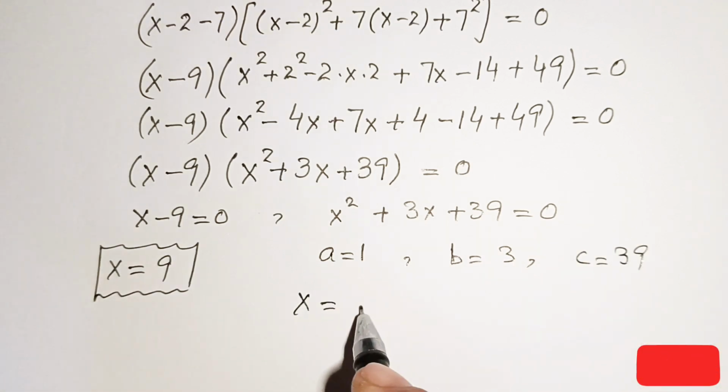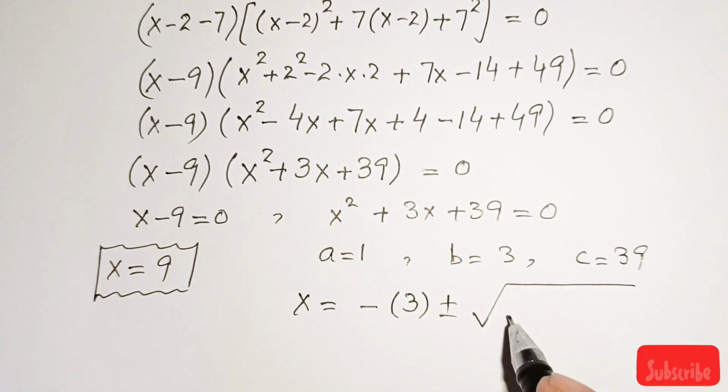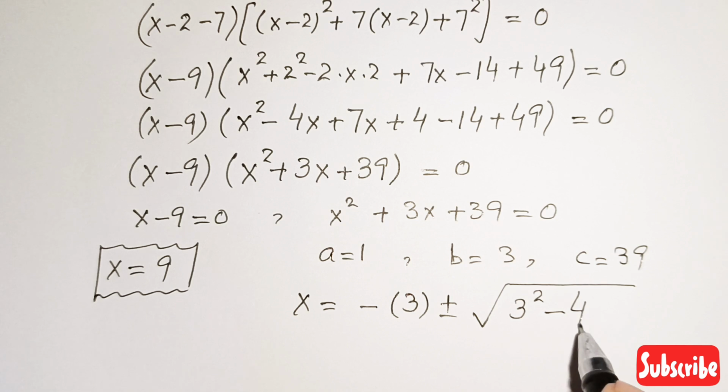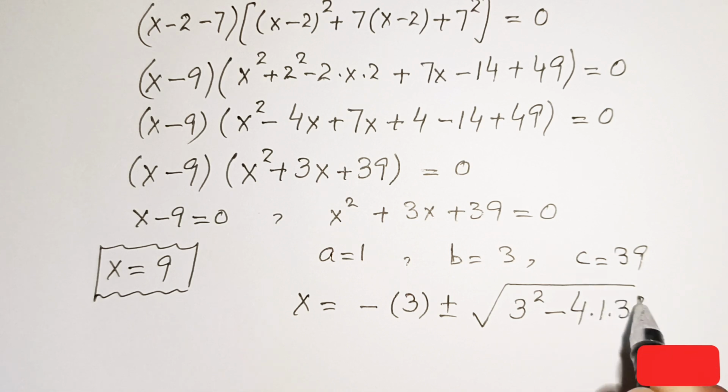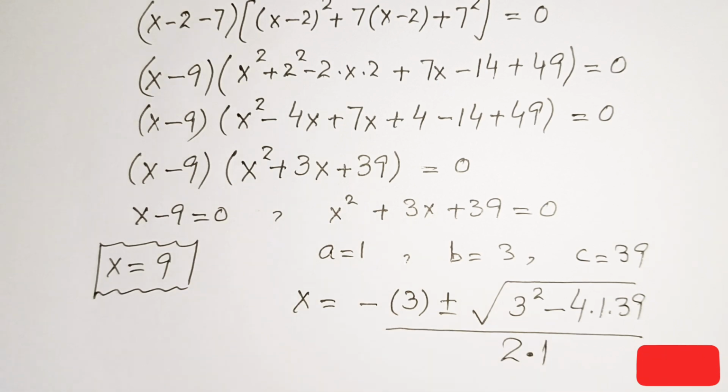So x is equal to minus b, which is minus 3, plus minus square root of b squared, which is 3 squared, minus 4 times a, which is 1, times c, which is 39, all over 2 times a, which is 1.